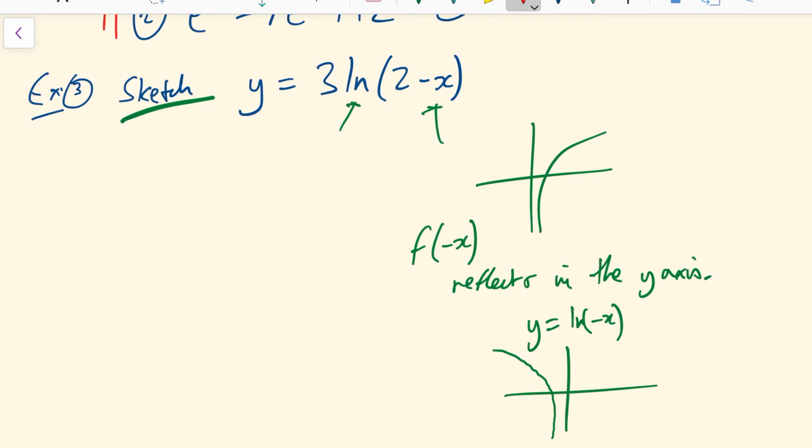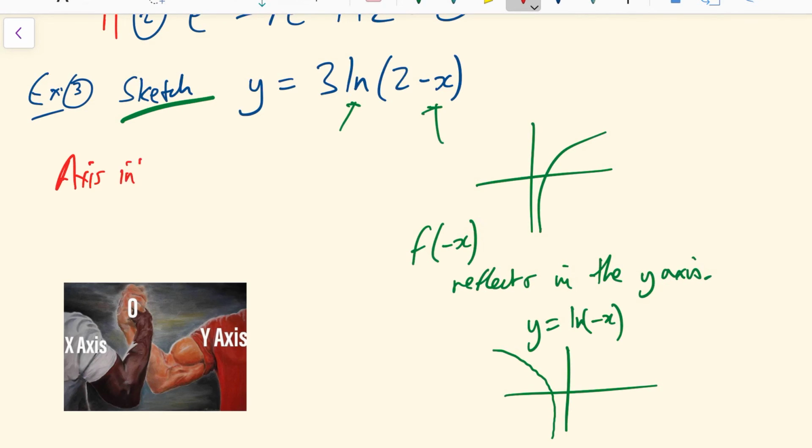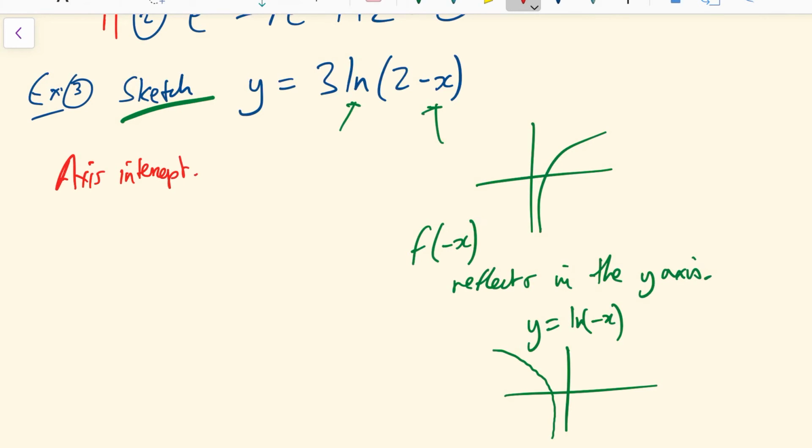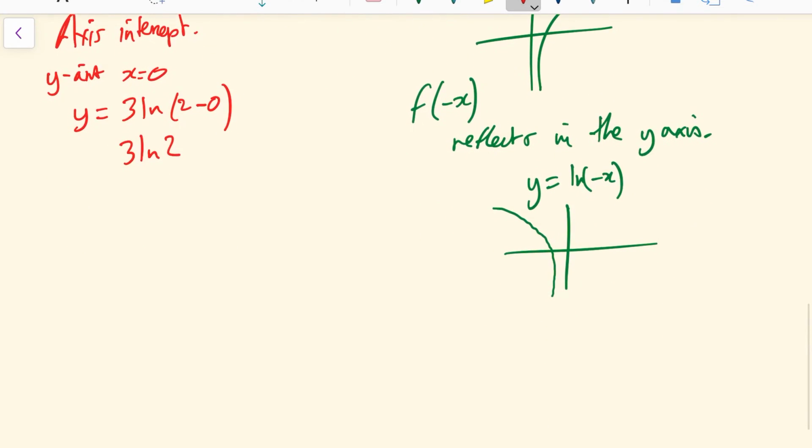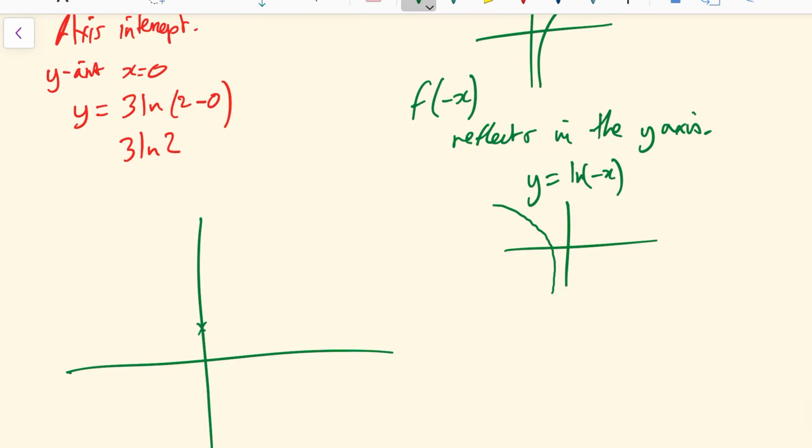What I always recommend though, before you even try to sketch anything out, is always to work out our axis intercept calculations. So for our y intercept, we're going to set x equal to 0, and we get y equals 3 ln of 2 minus 0, which is 3 ln 2. And that will allow us to place on our graph here a y-axis intercept here of 3 ln 2.